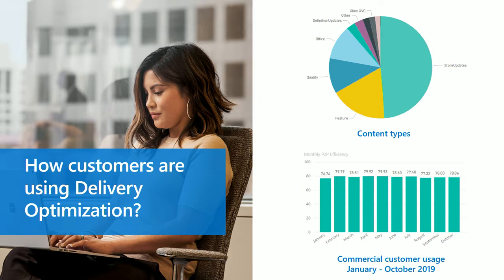This is our way to monitor that the system is working as expected. When we look at those downloads that come from peers, or even manage to get 1 megabyte out of a peer, usually we see an overall usage of anywhere between 75 to 80% coming from peers.